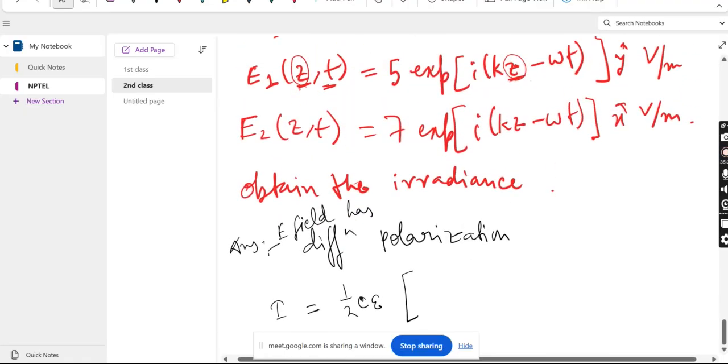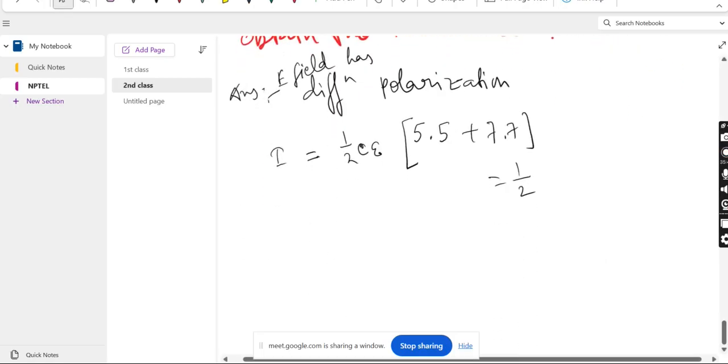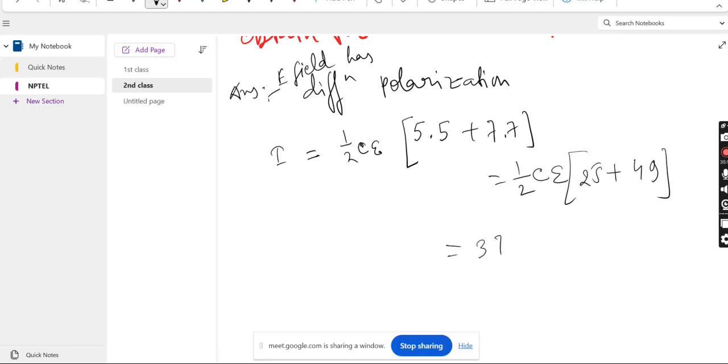Here we don't have any complex quantity, so we don't need the complex conjugate. It's basically 5 into 5 plus 7 into 7, that is 25 plus 49, and that would be 37 c epsilon.